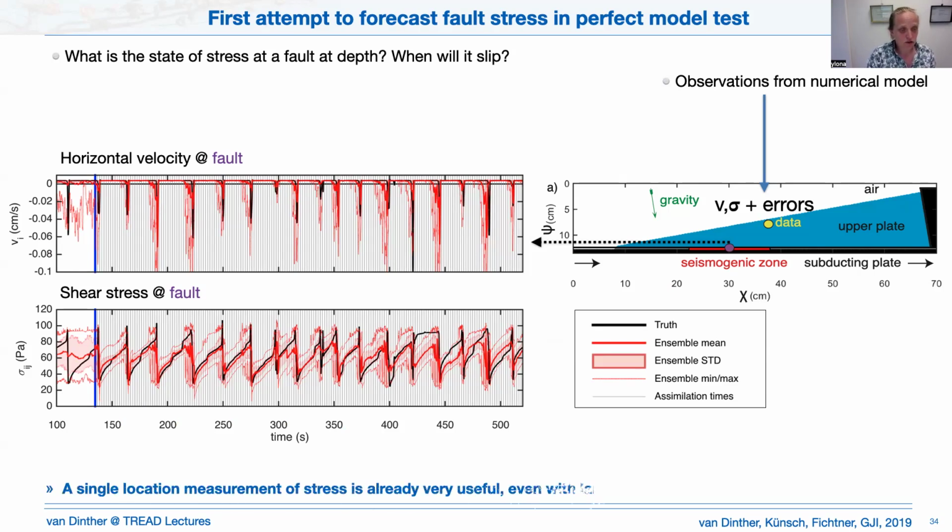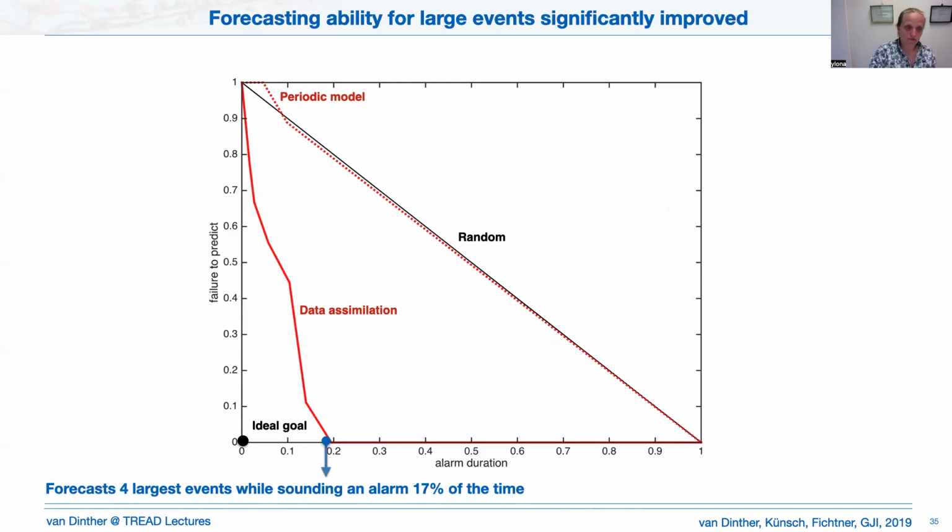If you use a periodic model to try to forecast that, I show the results in this red dotted line. What you see is an error diagram, where on the bottom axis is the duration that you sound an alarm. On the left, 0, you sound an alarm for 0% of the time, and on the right, at 1, you sound an alarm for 100% of the time.